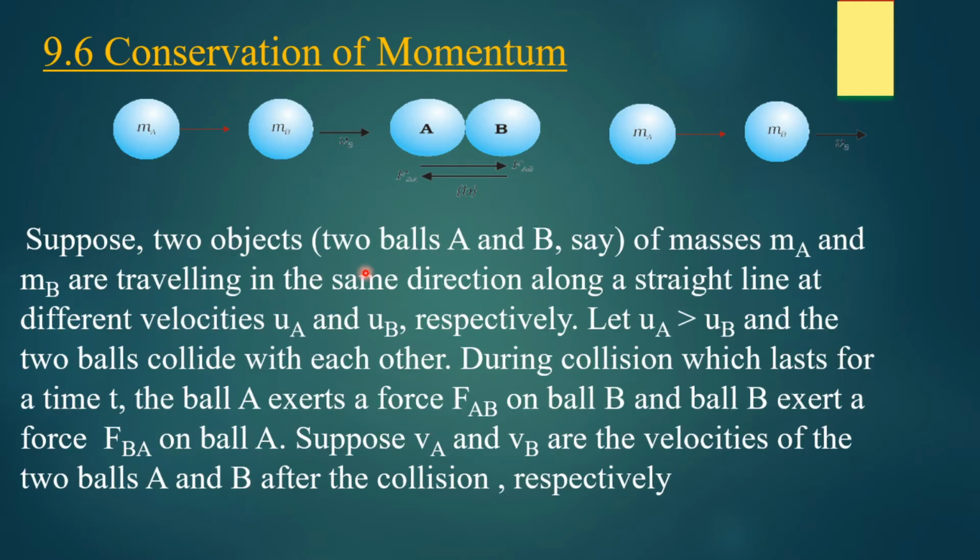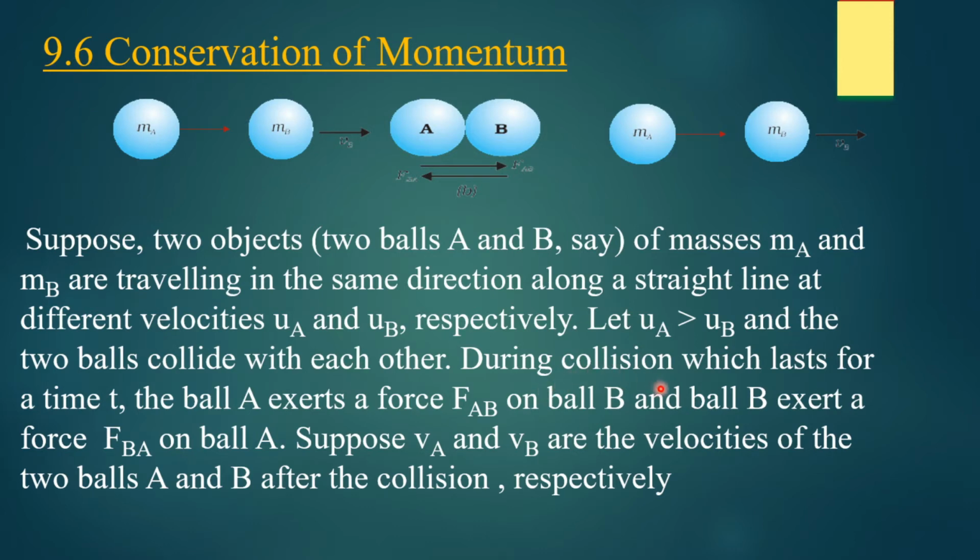Suppose two balls A and B of masses mA and mB are traveling in the same direction along a straight line at different velocities uA and uB respectively. Let uA be greater than uB, and the two balls collide with each other.